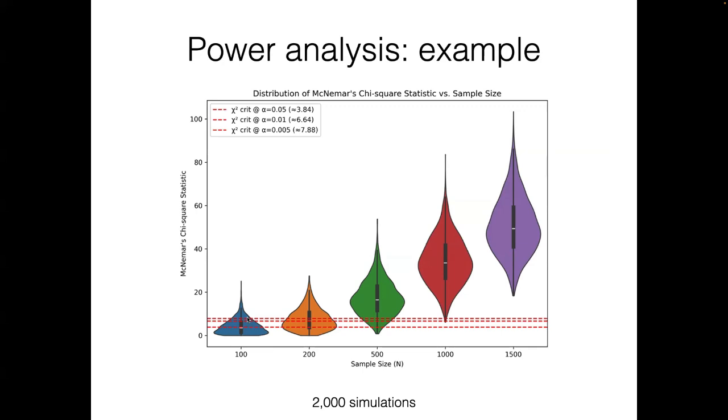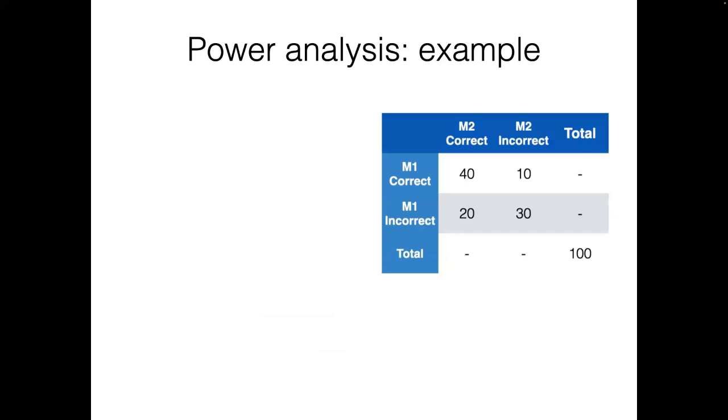This is looking at if we simulate this process over and over with different amounts of data. Instead of just 100, we could have 200 or 1,000. Then we can look at how often, with these proportions, the statistical test is passed.